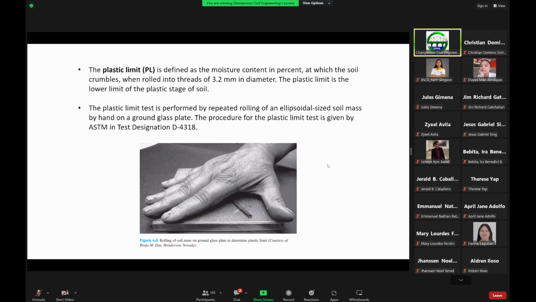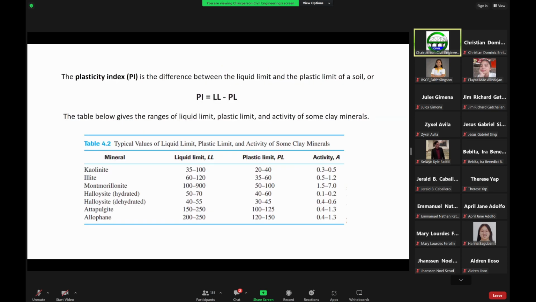So after we have defined the plastic limit and the liquid limit, the plasticity index, PI, is defined as the difference between the liquid limit and the plastic limit of the soil. In formula, the PI, the plasticity index, is equal to the liquid limit minus the plastic limit.